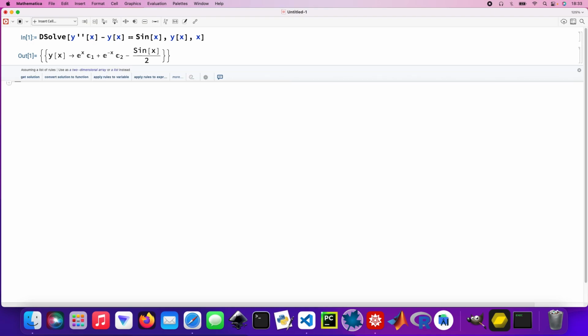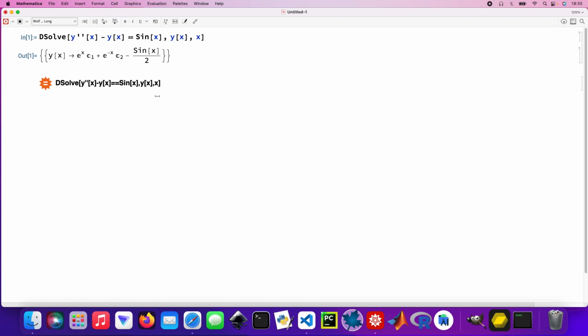Then equal twice, and then just to get the step-by-step solutions, Command-C to copy and then paste that, and press enter. So that's running, connecting to the Wolfram Alpha server.